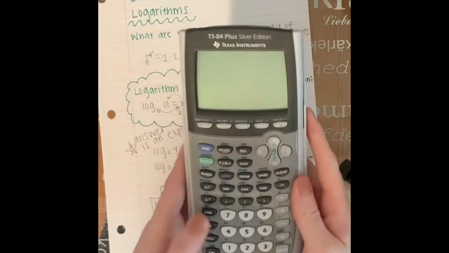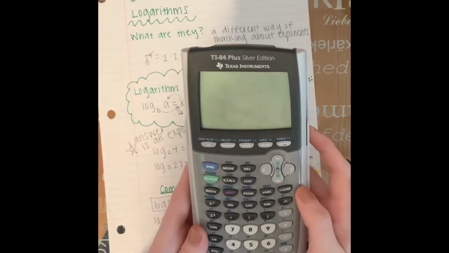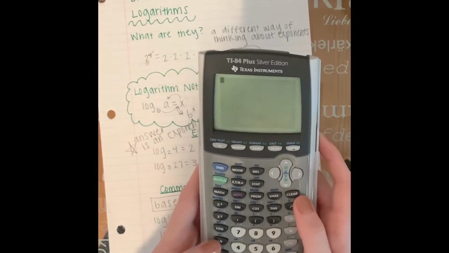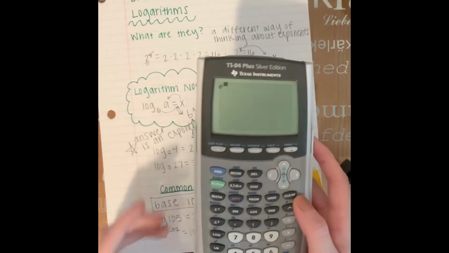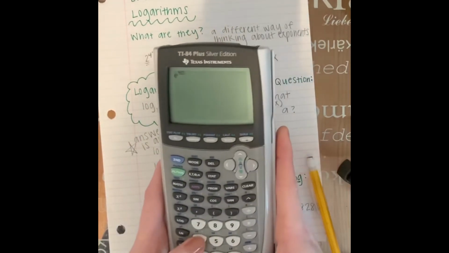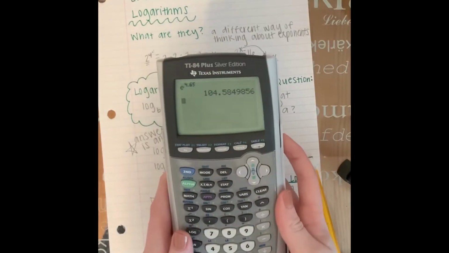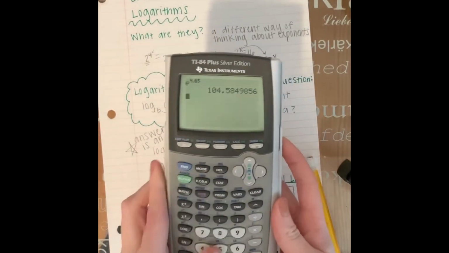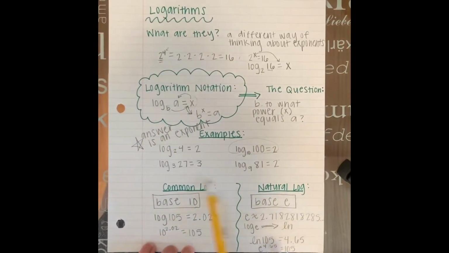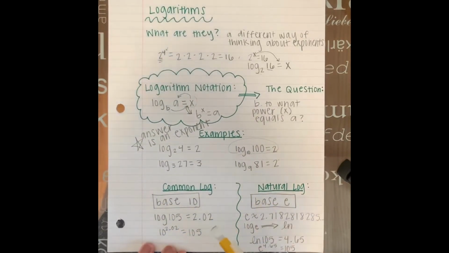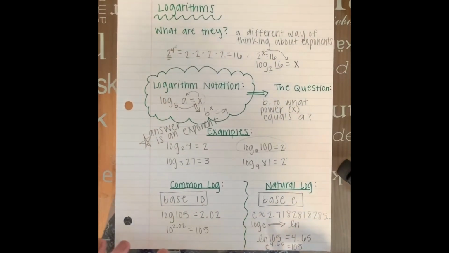The way you find your e button is not one of your alphabet letters. It's right here above ln. You do second ln to get e to the power, and 4.65, and it equals 104.58. Again, close enough because we rounded. So this common log and natural log are what we're going to be doing a lot with right now until later in the year. This is your introduction to logarithms. Now let's do a few examples using the common log and natural log.